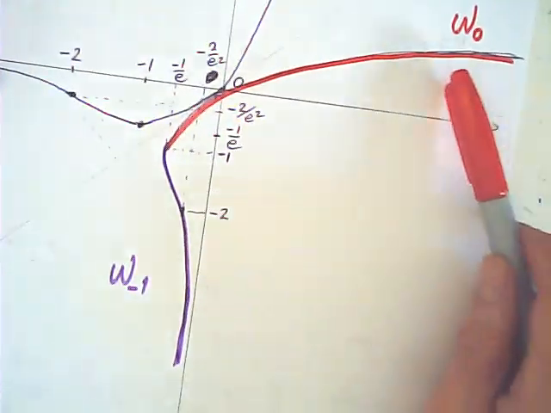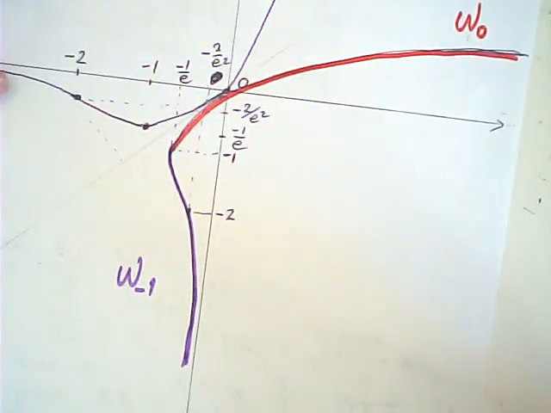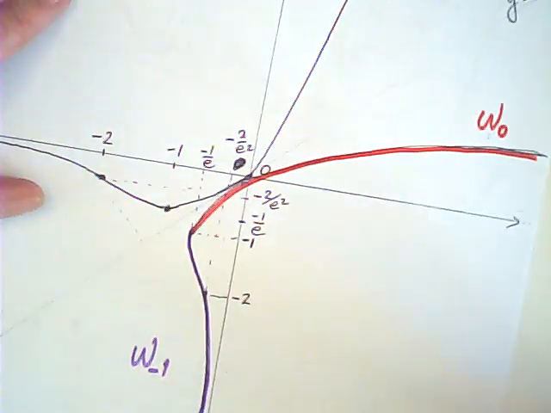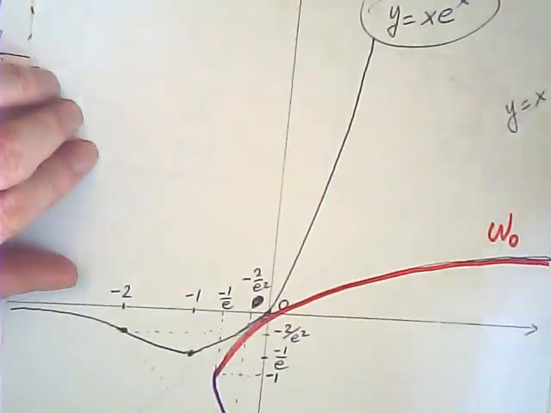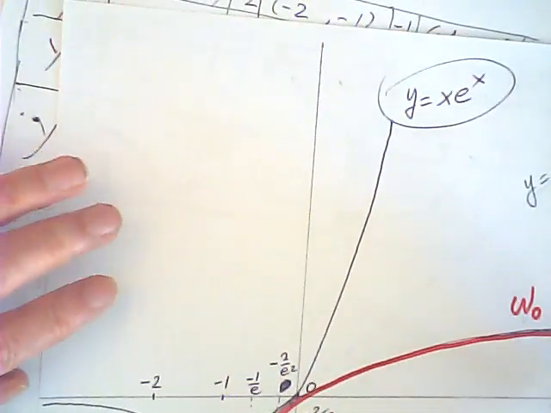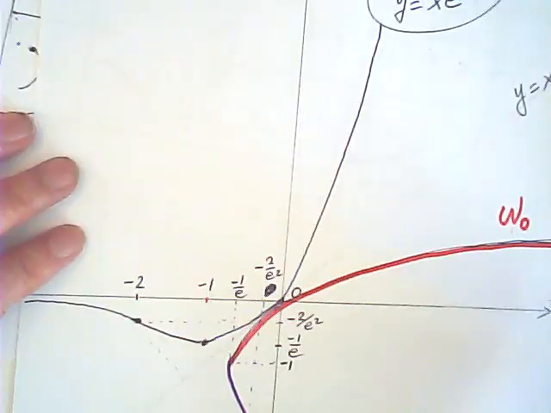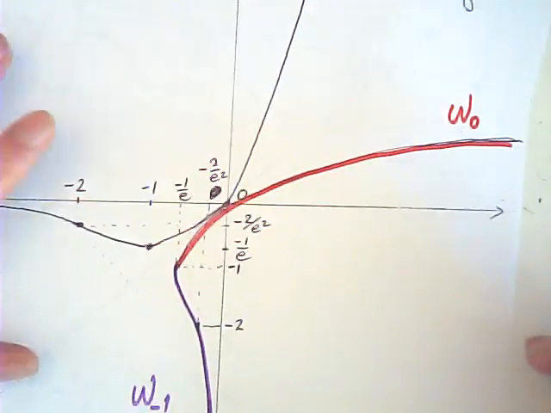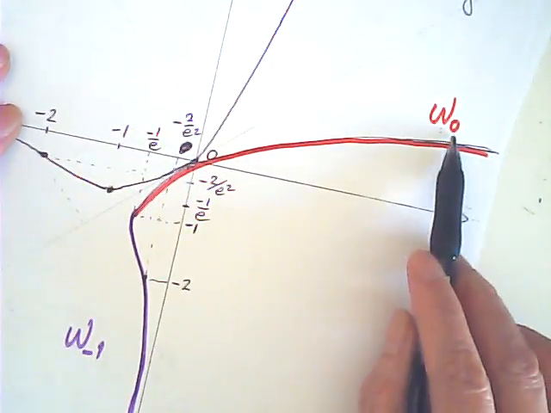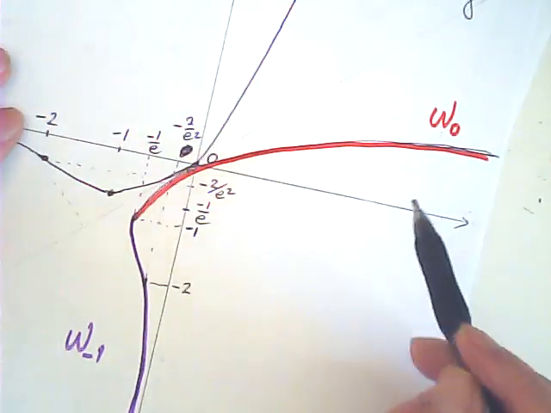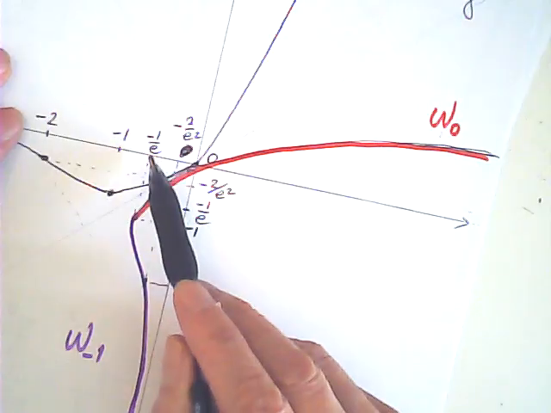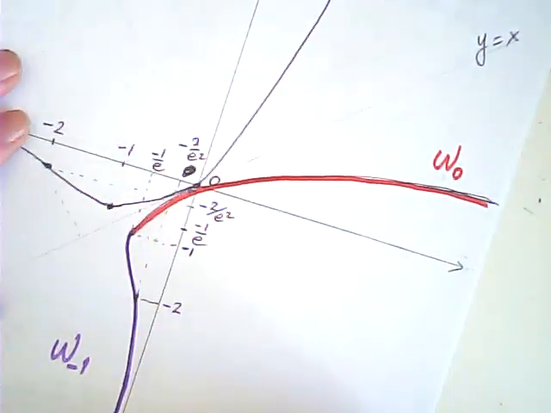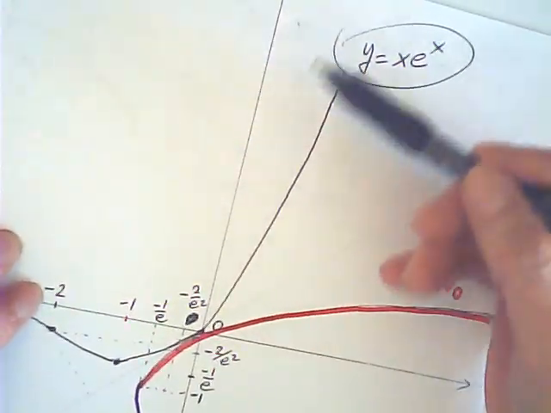Here, this is a very nice curve. Now, from this graph, we can know several things, which are quite important. For example, the domain of the W function is from minus 1 over e to positive infinity. The range will be from minus infinity to positive infinity.